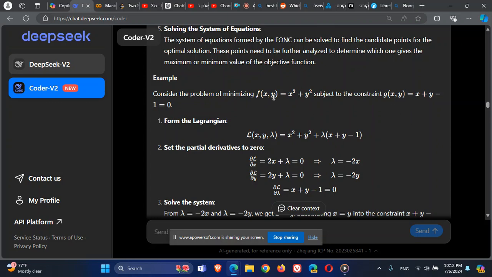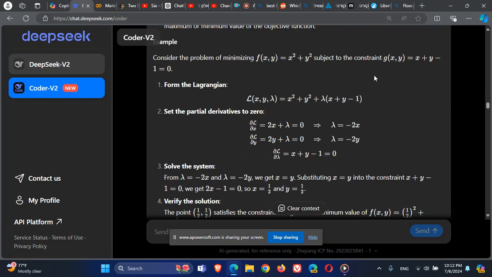Because if you take any other values for which the constraint is true, let's say 3/4 plus 1/4, the function value will be more than half.